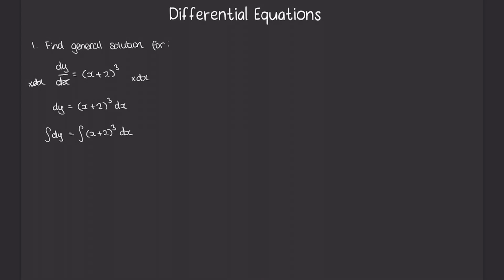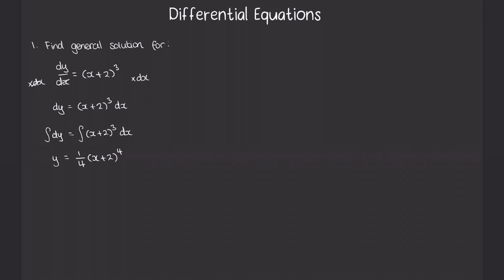We can integrate the left side first because that's the easiest. So y, and then you integrate as per usual. How would you integrate the integral of (x plus 2) cubed dx? Here it would be 1 over 4, and everything stays the same inside the bracket because this is just reverse chain rule, power 4.